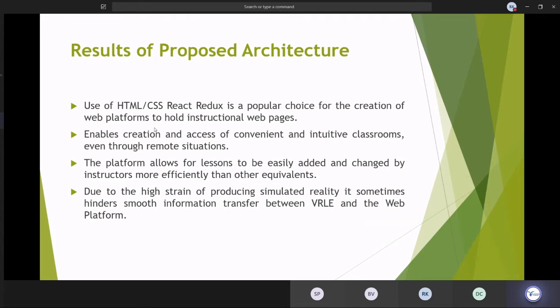The platform allows for lessons to be easily added and changed by the instructors more efficiently than other equivalents. Due to the high strain of producing simulated reality, it sometimes hinders the smooth information transfer between the virtual reality learning environment and the web platform.